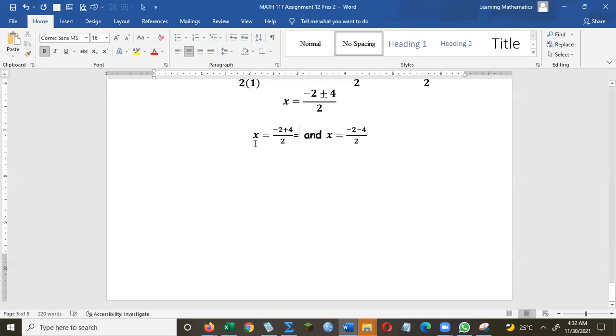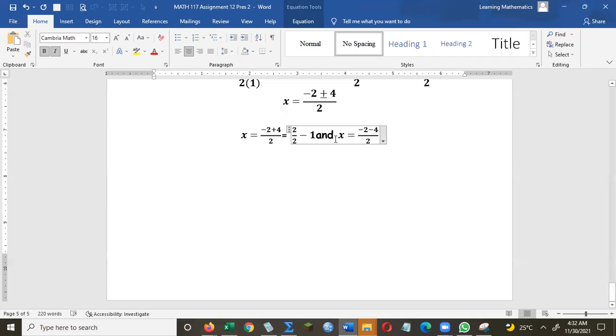So minus 2 plus 4 will give us 2. 2 over 2 will give us 1.